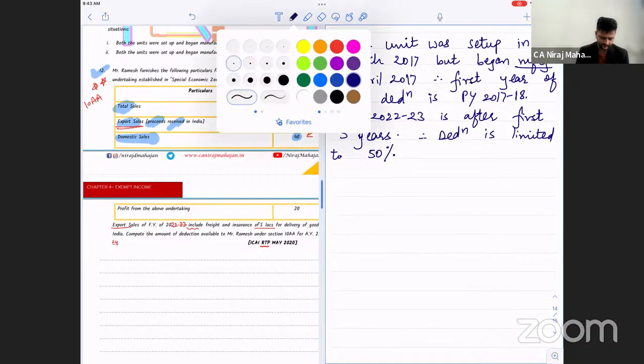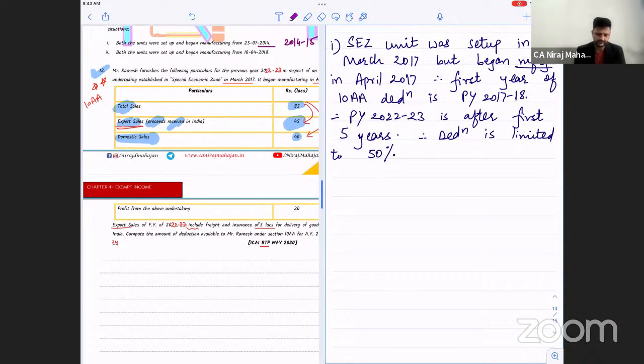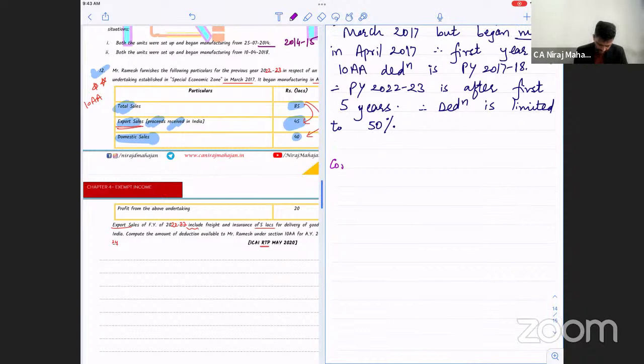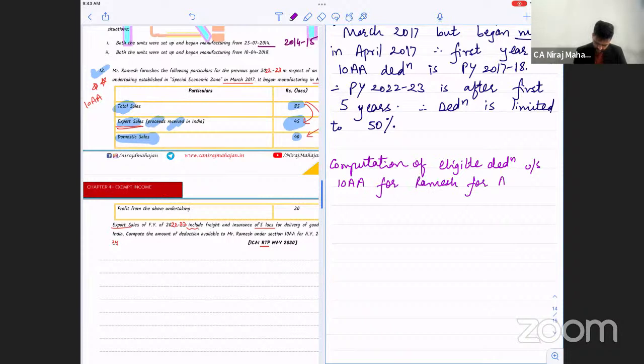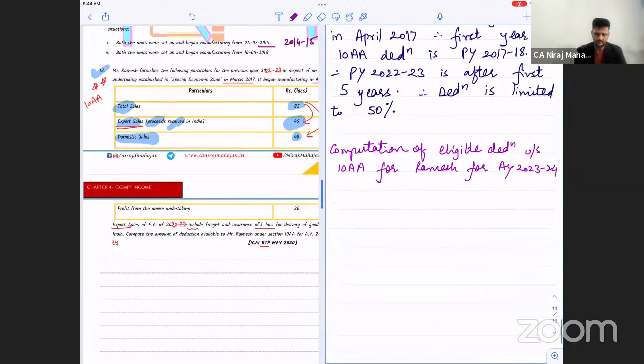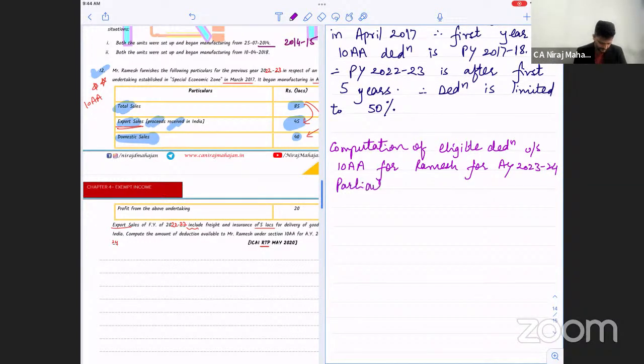Let's write down, all of you. Next line, computation of eligible deduction under section 10AA for Ramesh for AY 23-24. Correct? Particulars and rupees in lakhs.